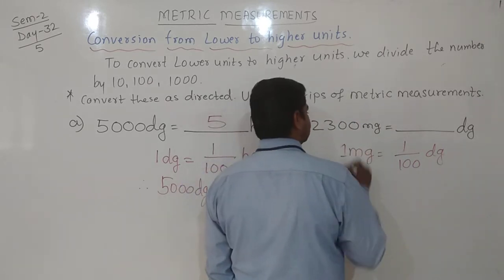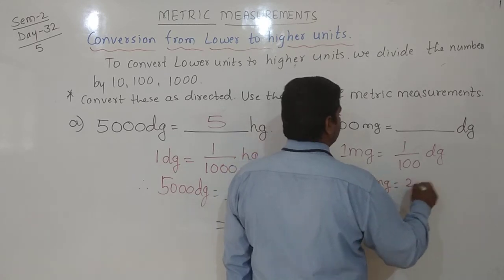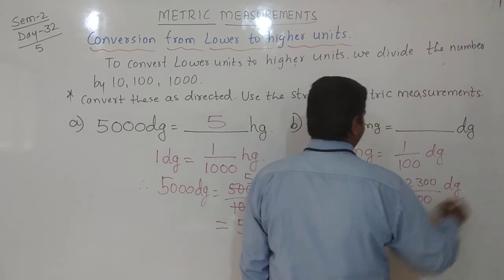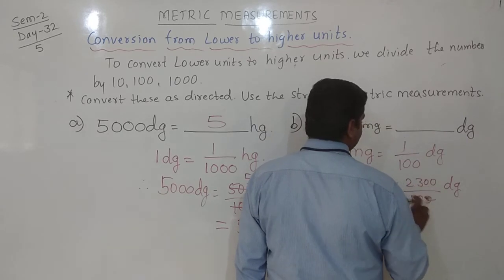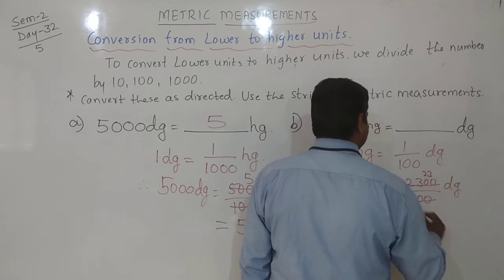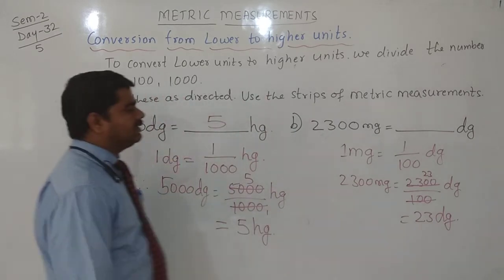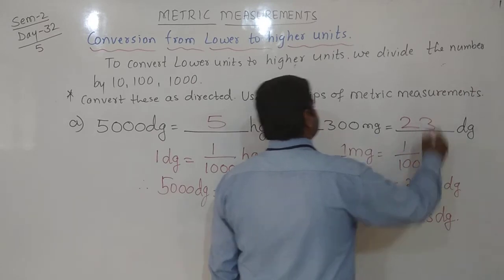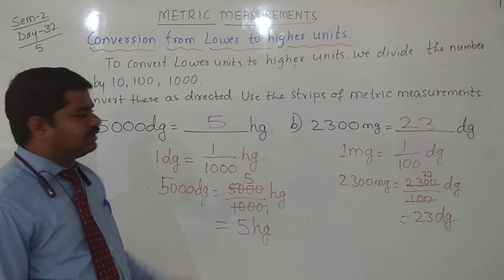Then we can write 2300 mg is equals to 2300 divided by 100 decigram. 2 zeros, 2 zeros, 23 remains. 23 decigram is equals to 2300 milligram. Simple. Yes, write down this one.